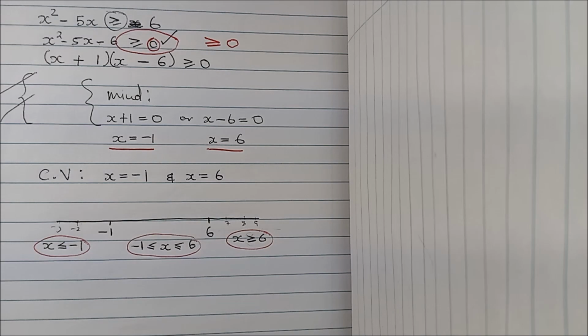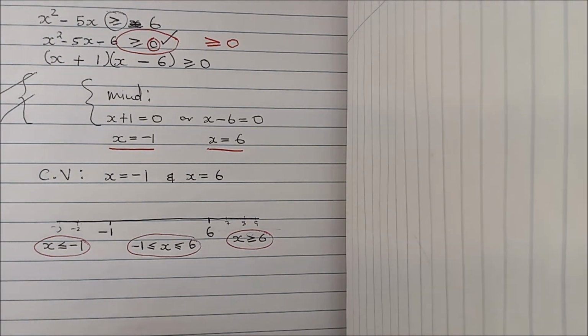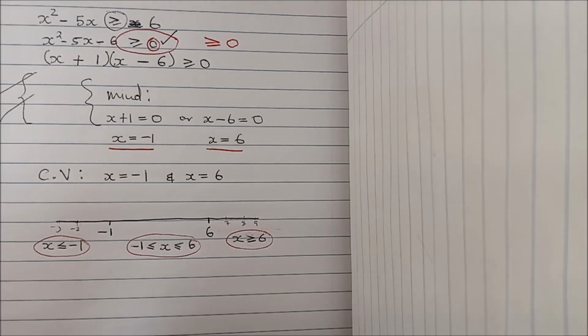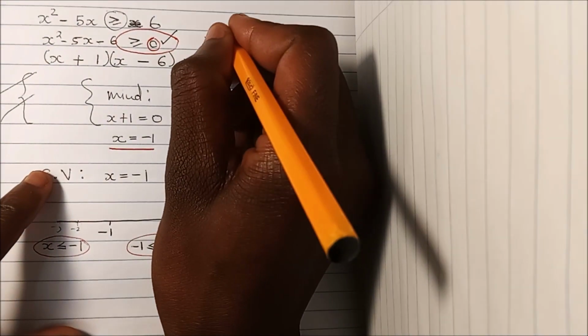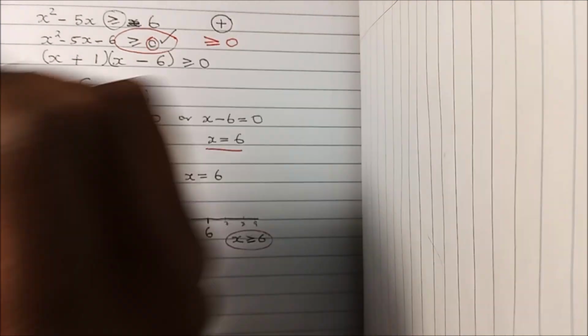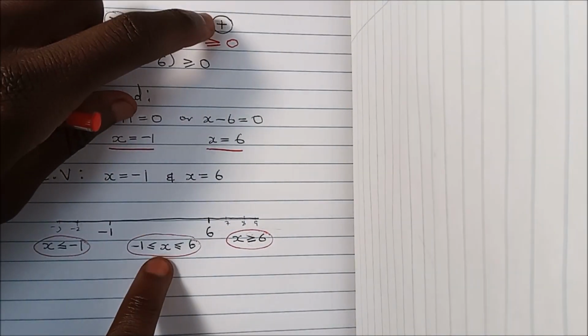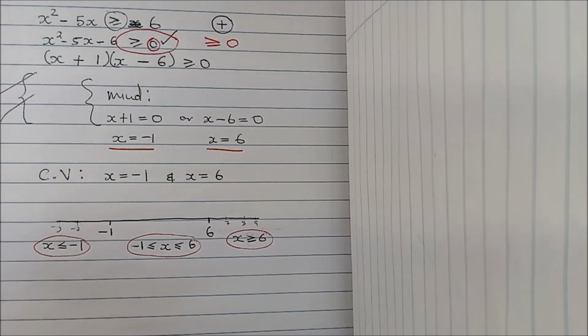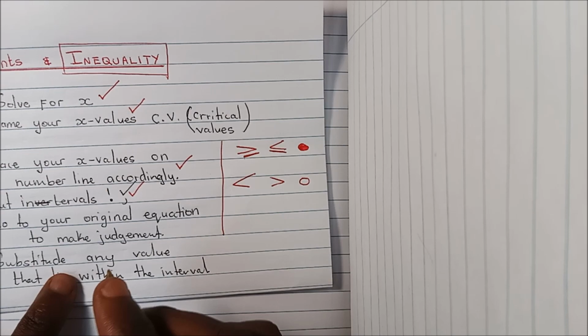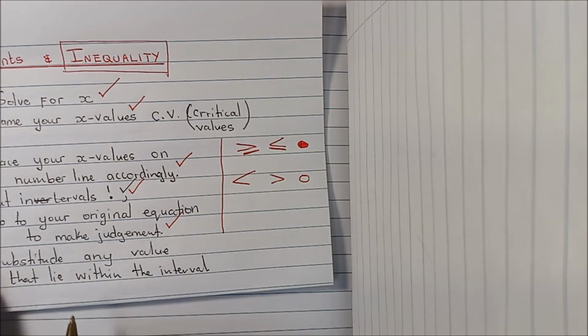So now something that is greater than or equal to 0 in maths, simple terms, we are referring to something that is positive. So now we will write positive and circle it. We're going to use that at a later stage. Not difficult.